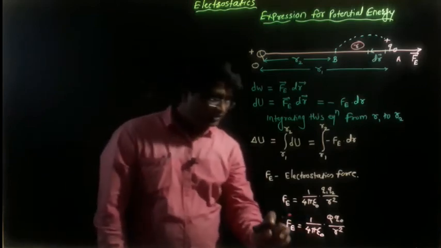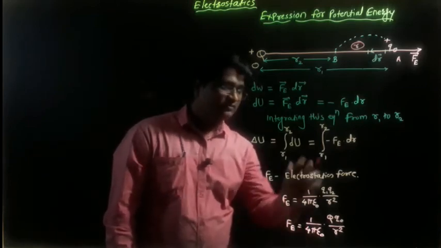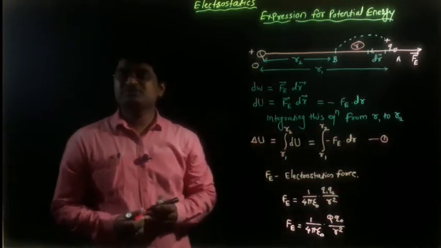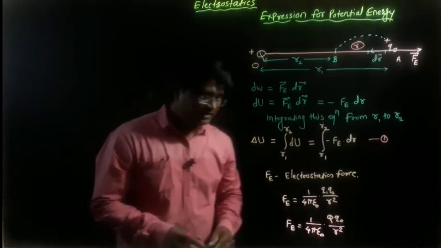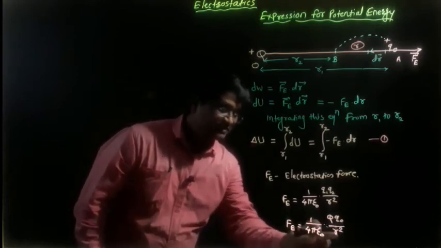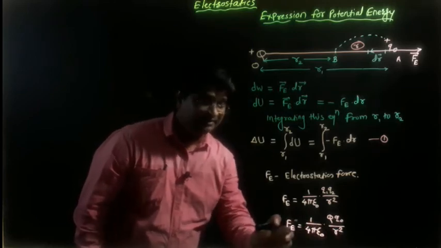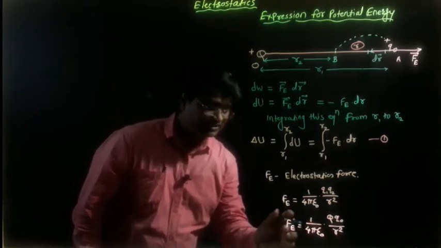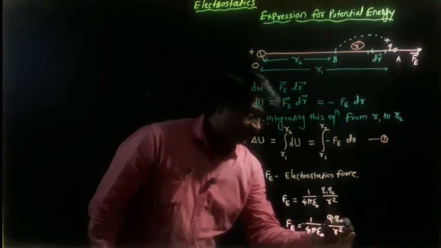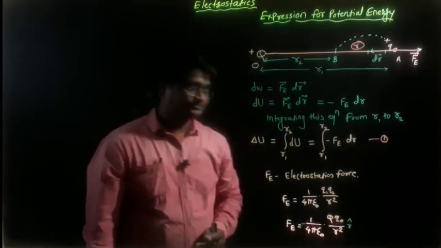So put the value of electrostatic force from equation number 1, and we get the change in potential energy. But before that, we know that this electrostatic force is against the displacement. Displacement is exactly opposite to the electrostatic force. So that's why we can represent a negative sign, and we can write r cap.